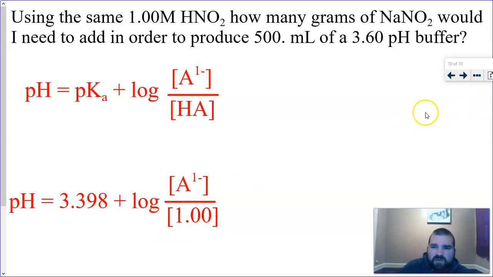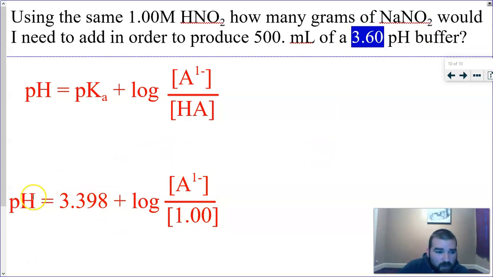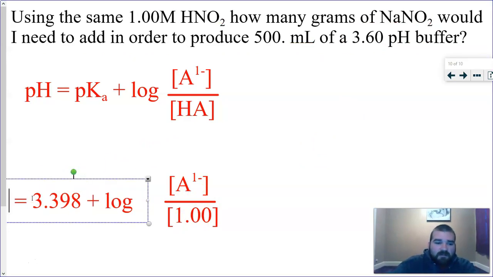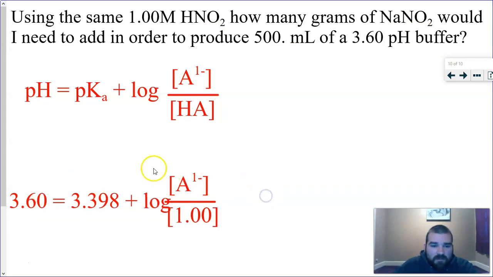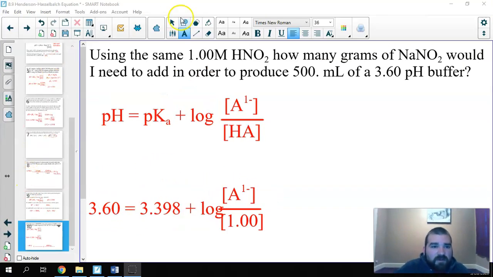Again, we've shifted the pH, right? We don't have this pH when these two molarities are the same. We have a pH that we want to be higher, right? And in reality, I suppose I should plug that in. I'm going to try to shift this whole thing over here so we can actually see it.